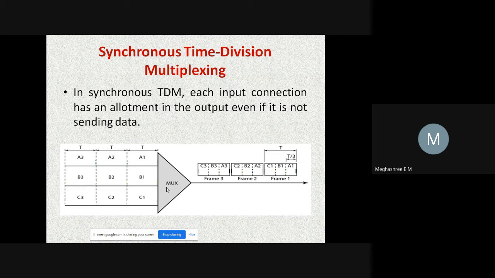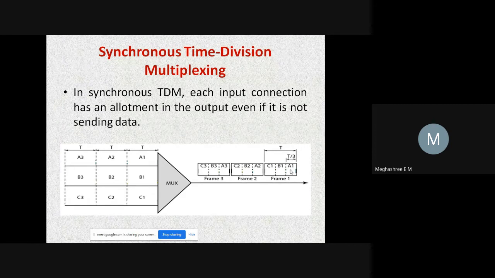Okay, now each input unit I have considered here, it may be A1, A2, A3, B1, B2, B3, C1, C2, C3. Each input unit becomes one output unit and occupies one output time slot.